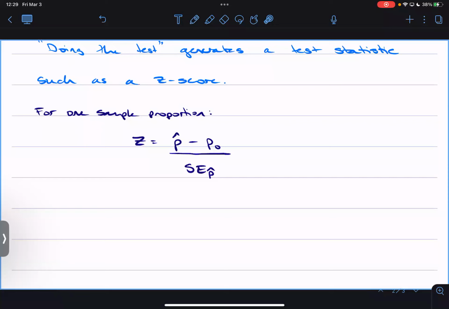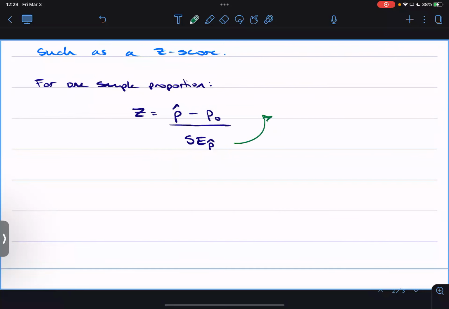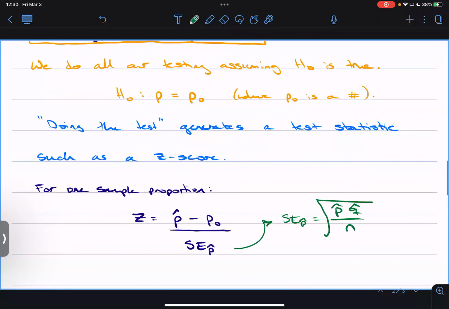But as a clue, so we know where this is headed, before we said that the standard error of P hat should be the square root of PQ over N. And then we said, well, I don't know what P is, so I'm going to use P hat Q hat. But now in hypothesis testing, we do all our testing assuming the null hypothesis is true.